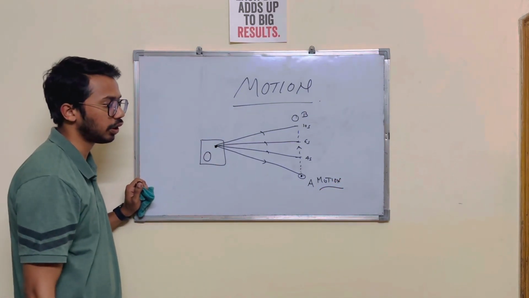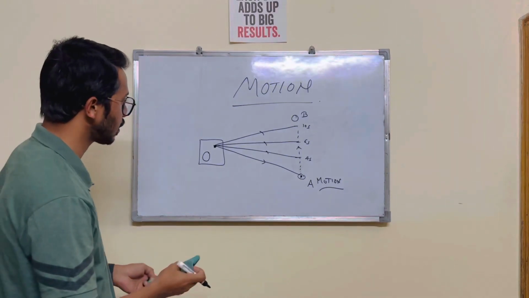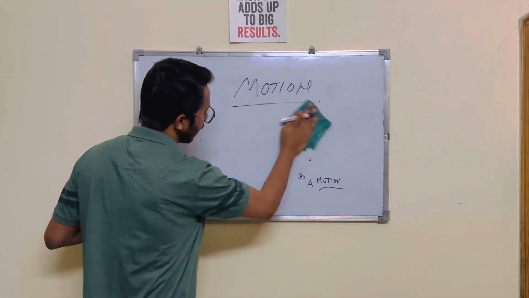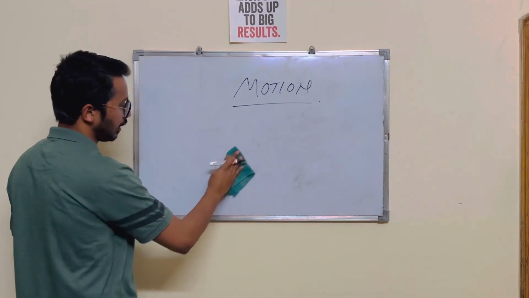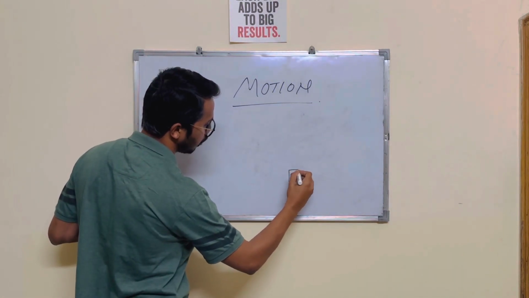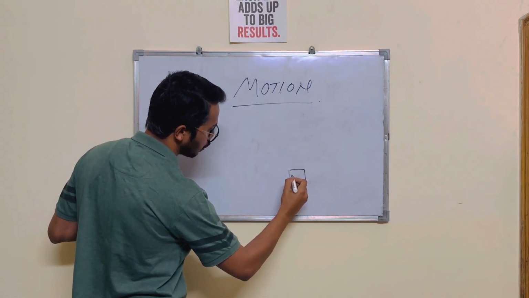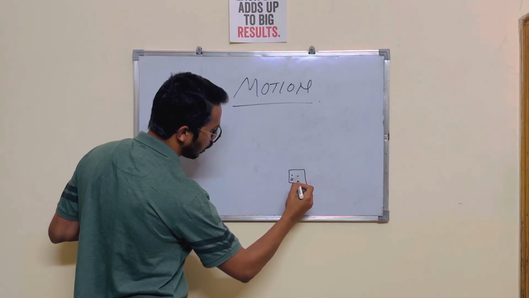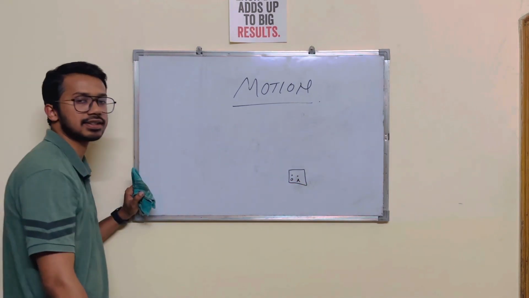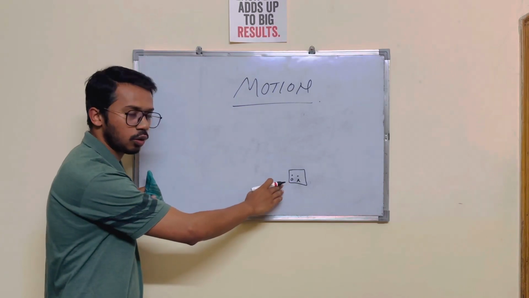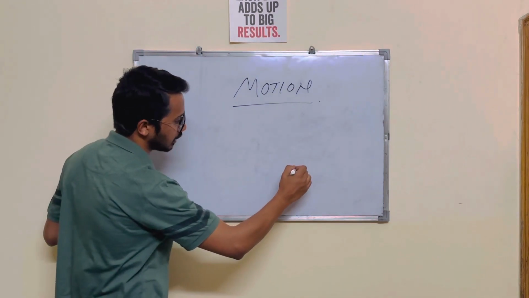But if, instead of having a reference point outside, we take it inside. What I mean by inside is, let's say we have point O and point A, both inside this box. O and A are together, and this complete box is traveling.